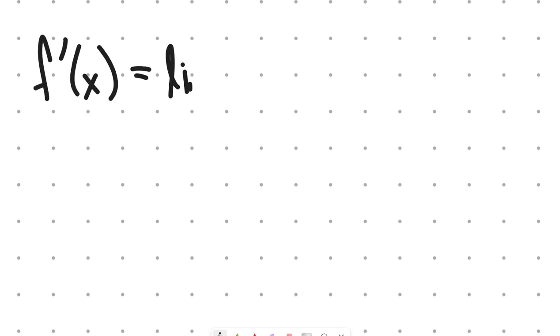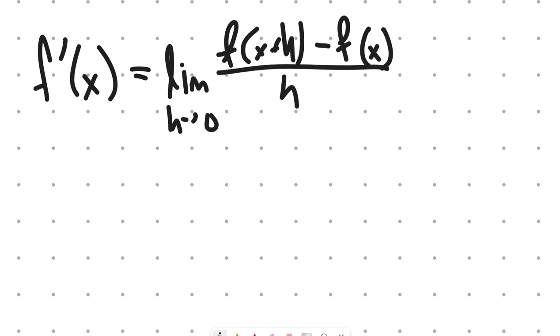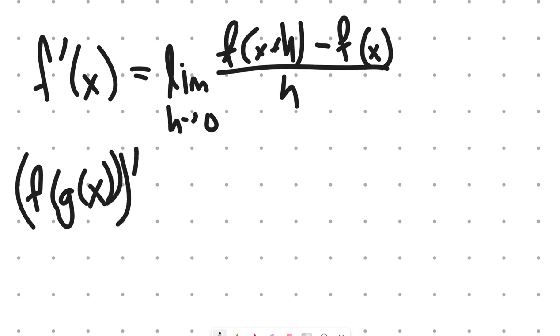Before we start, we have to take into consideration that f prime of x, as a limit definition, is the limit as h approaches 0 of f of x plus h minus f of x, over h. And now, since we have the derivative of f of g of x, we have to put the x plus h into the g of x and not into the f.